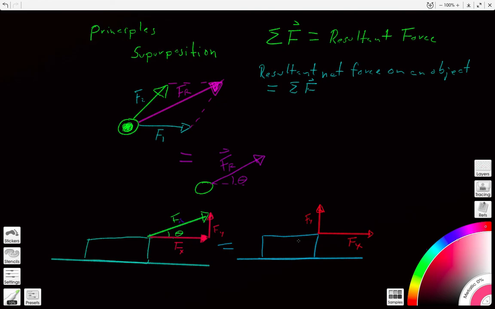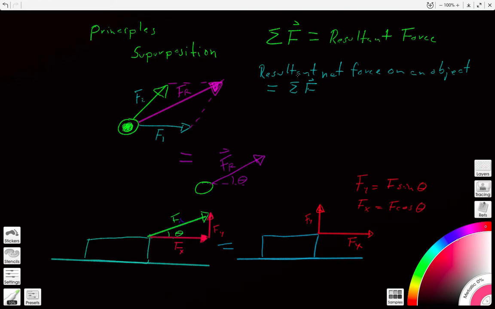So one force is trying to lift the box, and another force is trying to push the box along this side. Okay, so as this angle becomes closer to 0, this component becomes bigger and this one becomes smaller. Okay, and just to finish, let's remember that Fy is equal to F sine of theta, and Fx is equal to F cosine of theta.